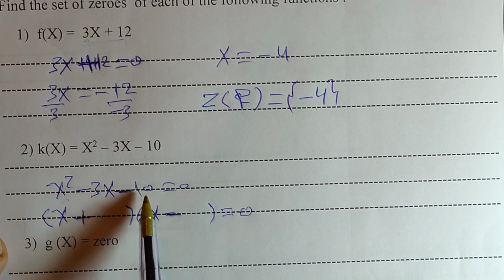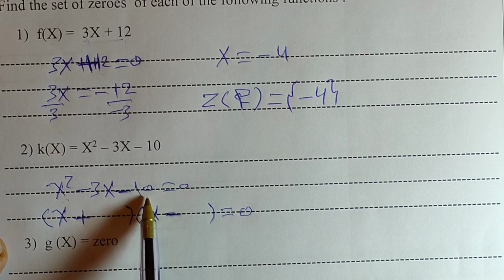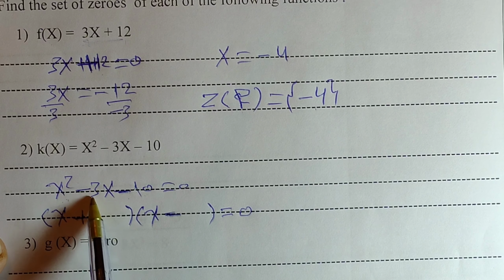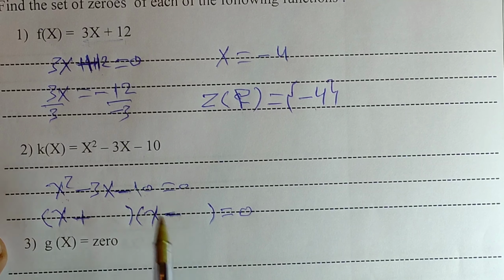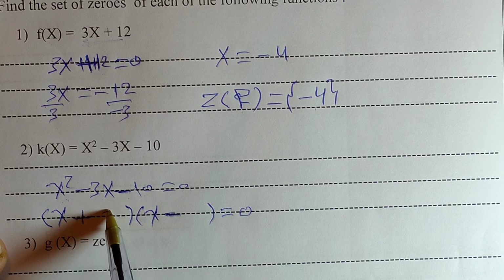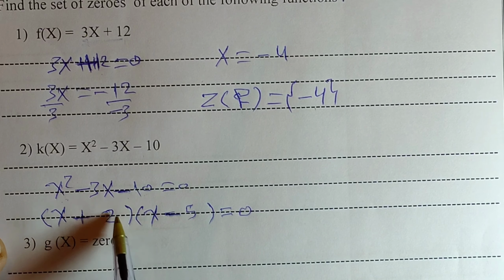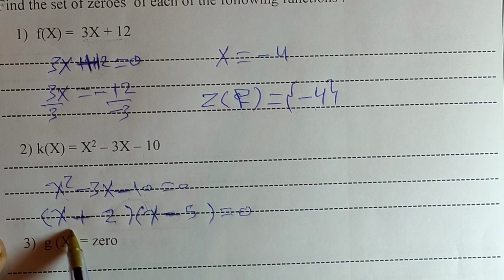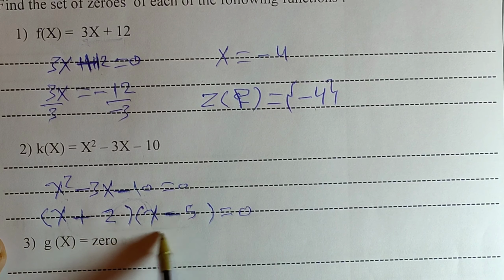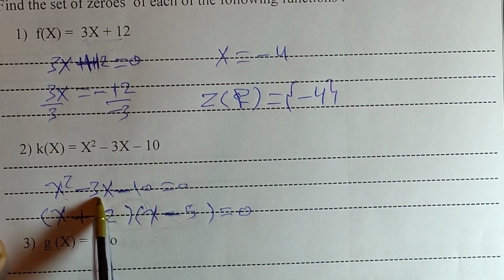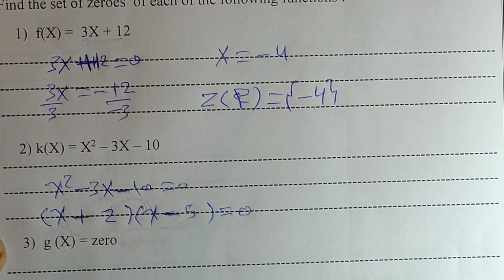Again, what are the two numbers which its product equal negative 10, its sum equal negative 3. Here we can write here 5 or here 2, because 2 times x equal 2x, x times negative 5 equal negative 5x, negative 5x plus 2x equal negative 3x gives me the middle term.